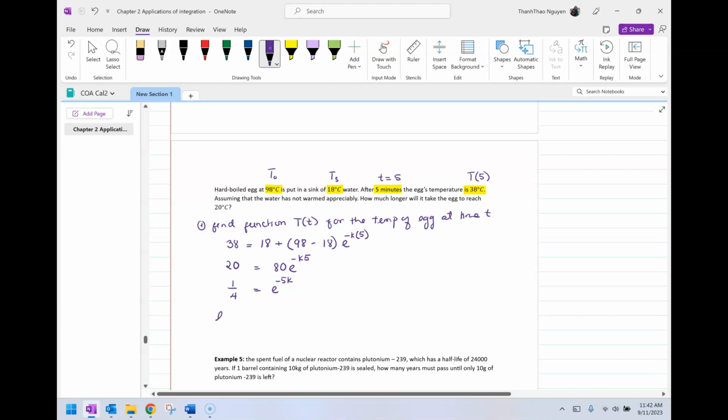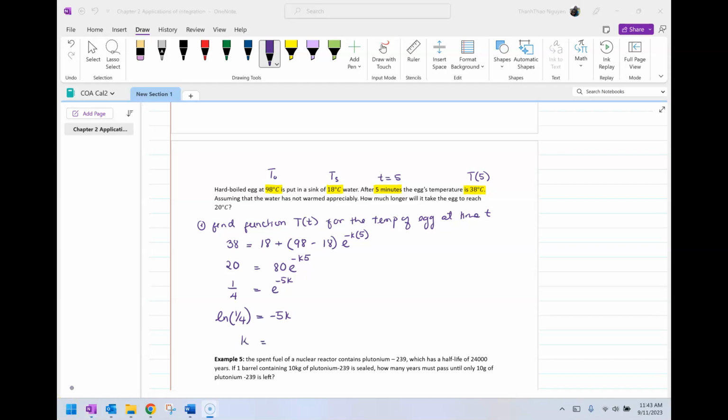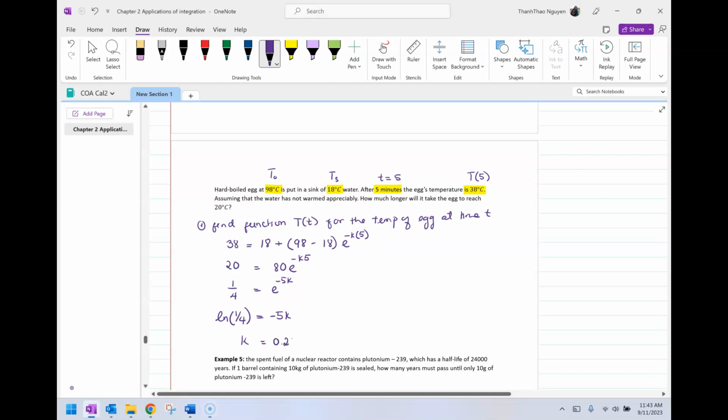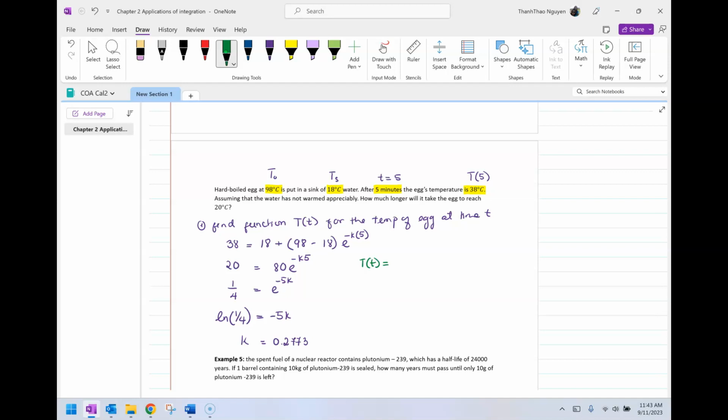We take ln both sides, so ln of 1/4 is equal to negative 5k. Solve for k in this formula, we get k equal 0.2773, and we will round it to 4 decimal places. Now that we have k, the function used to find the temperature of the egg at time t is T of t equals 18 plus 80 times e to the negative 0.2773 times t.